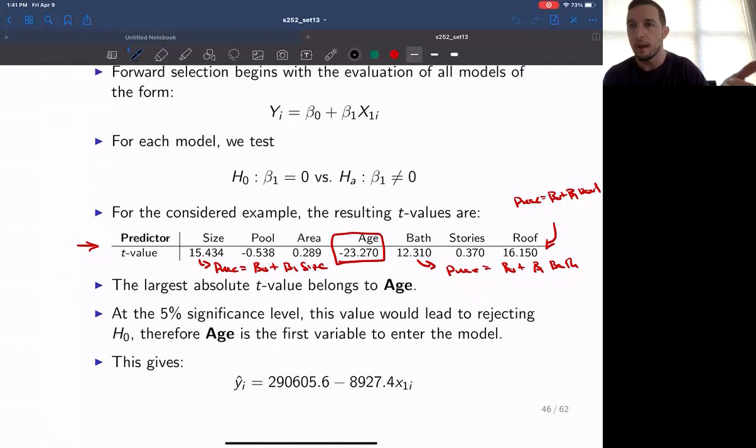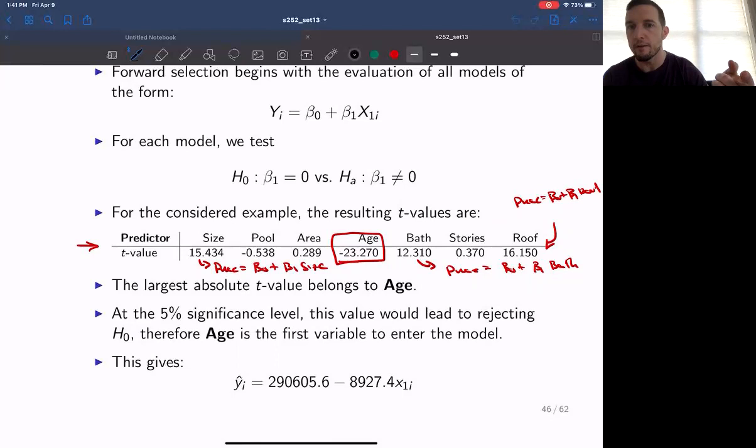Okay. Now, basically what happens here is you pick the most significant variable. So the most significant variable is the variable that has the largest absolute t-value that would still lead to rejection of the null. So when we look at the t-values in this table, 15.434 is going to lead to rejection of the null.